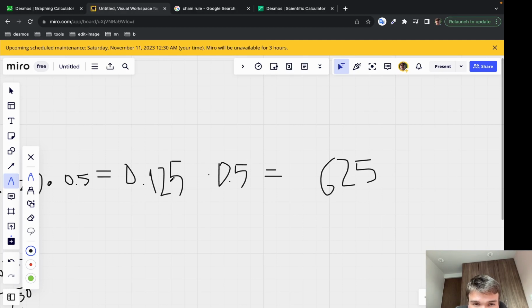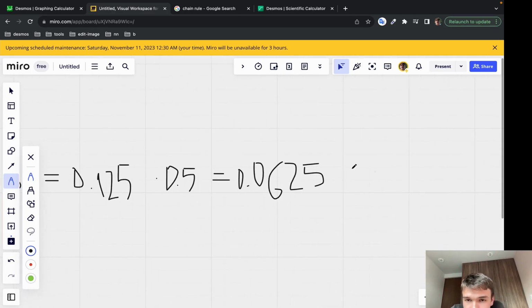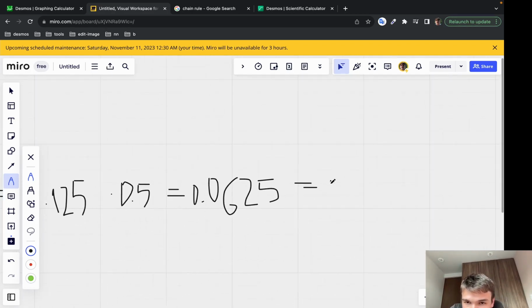So 1, 2, 3, 4. So here is going to be 0, and after this 0, it's going to be 0 dot. So now what we got is, a bit carefully, 0.0625. And basically this is how we found the derivative for this.